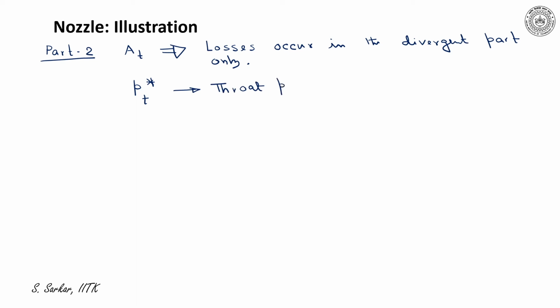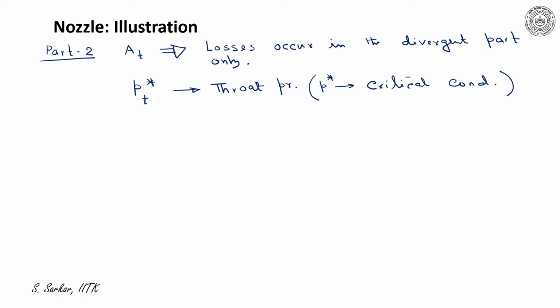When I put a star, it represents the critical condition. Do you remember that? So PT star is the throat pressure at critical conditions.